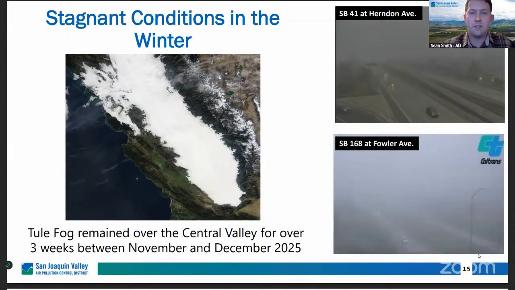And on the right side, we have Caltrans visibility along the highway cams, showing how dense that fog can actually be. What it does is basically trap that air quality within the valley and lead to worsening air quality conditions. Nonetheless, overall, the air quality averages for the year were a lot better than 2024 and are trending down.